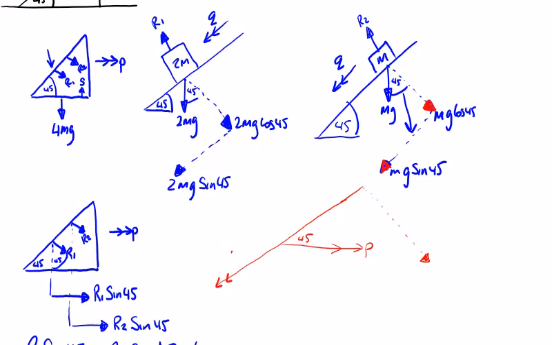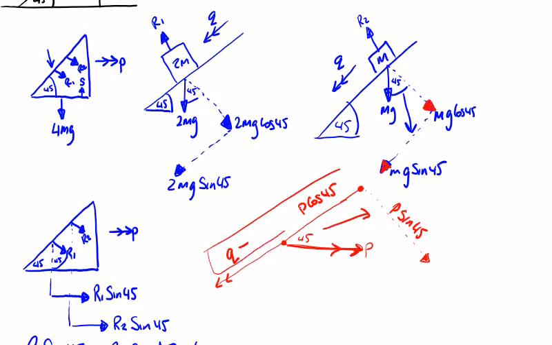Q. It's going to be Q minus whatever's going on between here and here. So you know that this is P adjacent to cos 45, and this is P opposite the 45, sine 45. So these are my two accelerations. Q minus P cos 45 going down the incline, and P sine 45 coming down in this direction here.